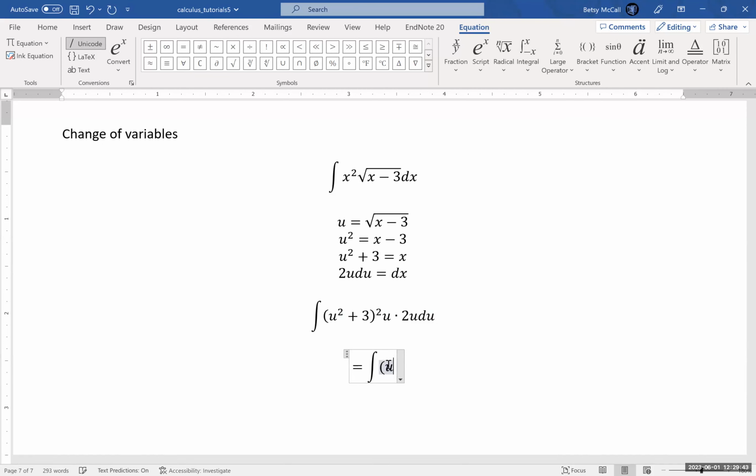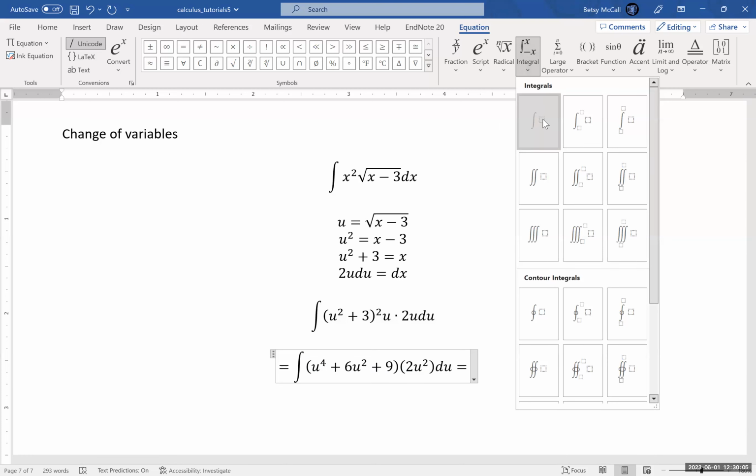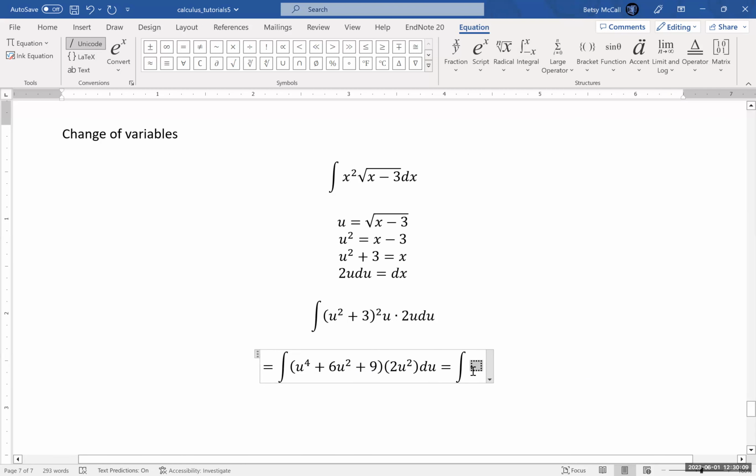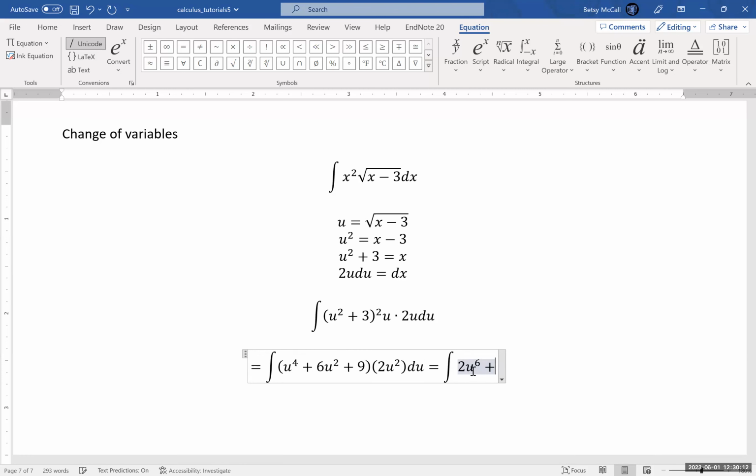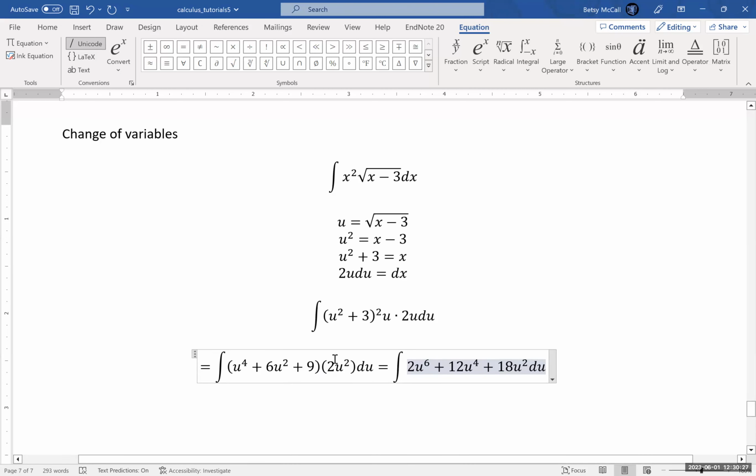If I FOIL this out, I get u to the 4th plus 6u squared plus 9, and I'm multiplying it by 2u squared because there's a u there and there's a u there, du, and then if I distribute, I get 2u to the 6th plus 12u to the 4th plus 18u squared du. Just double check. 12, 18. Okay.